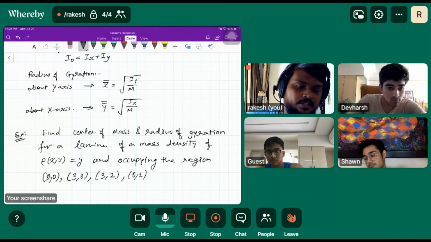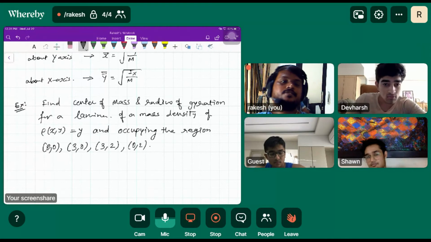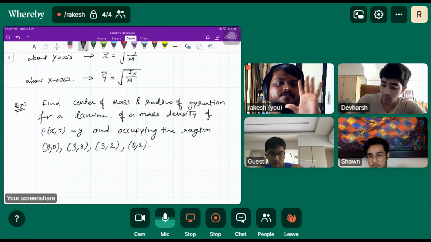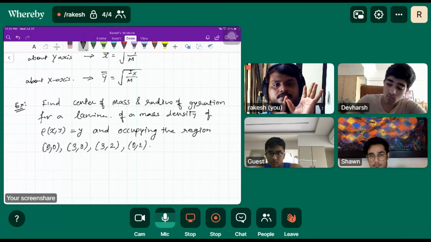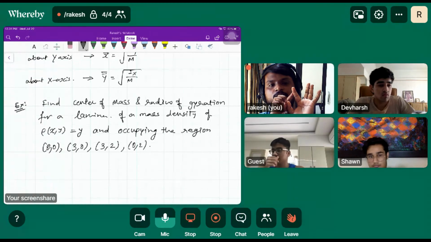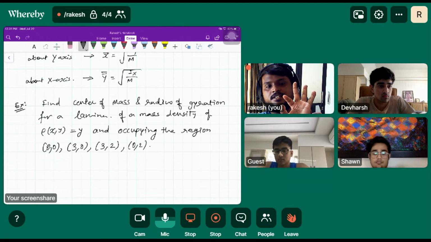so in this question I'll give this as homework. I just explain to you what it's all about. So we have to find out center of mass and radius of gyration. To find these, you have to find basically 5 double integrals. One is for mass, then moment of mass about x-axis, moment of mass about y-axis, moment of inertia about x-axis, and moment of inertia about y-axis, right?